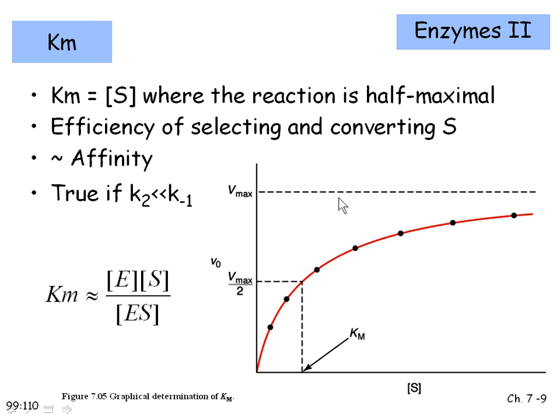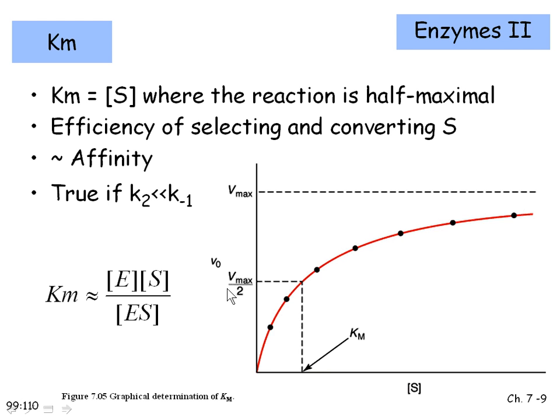You have another parameter which measures, in many cases, approximately affinity, the tendency of the enzyme to bind a substrate. And because the Vmax is approached through a hyperbolic curve, you can't just simply use what it takes to get to Vmax as a number. We need a more flexible number than that.